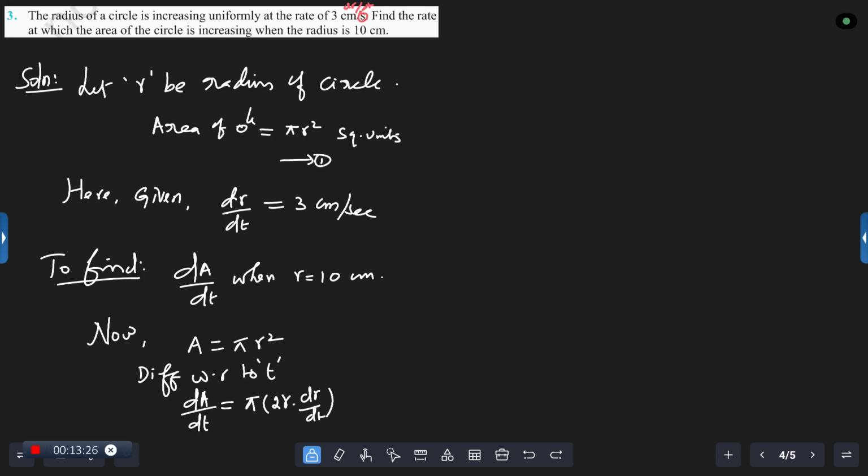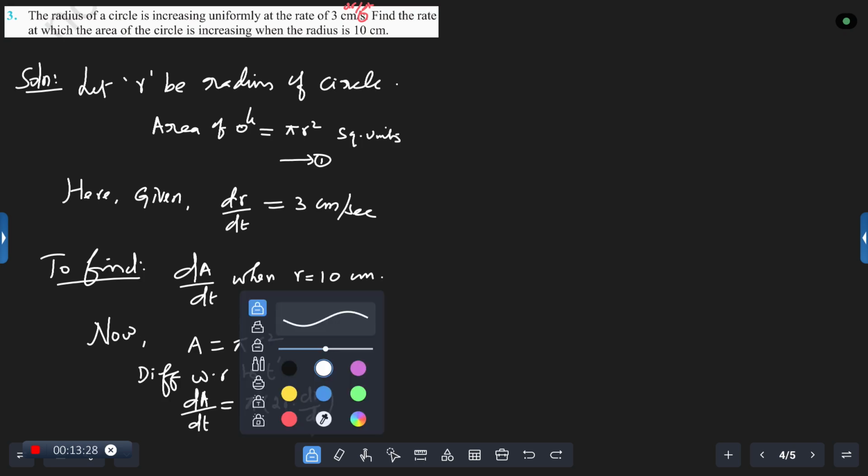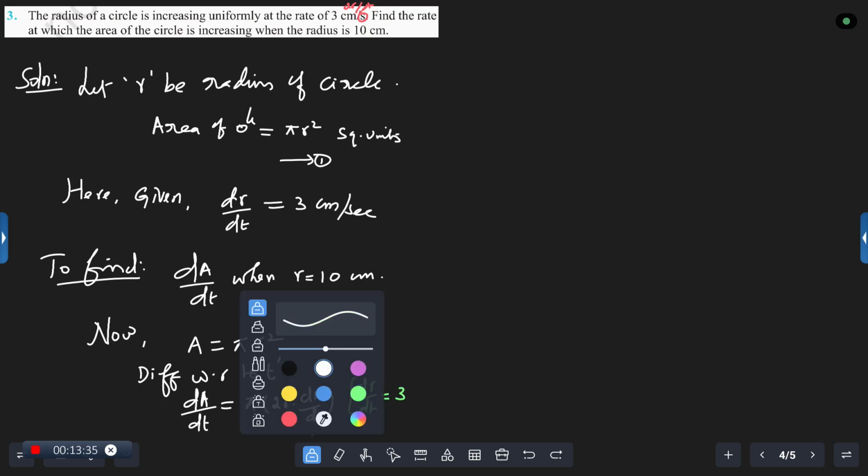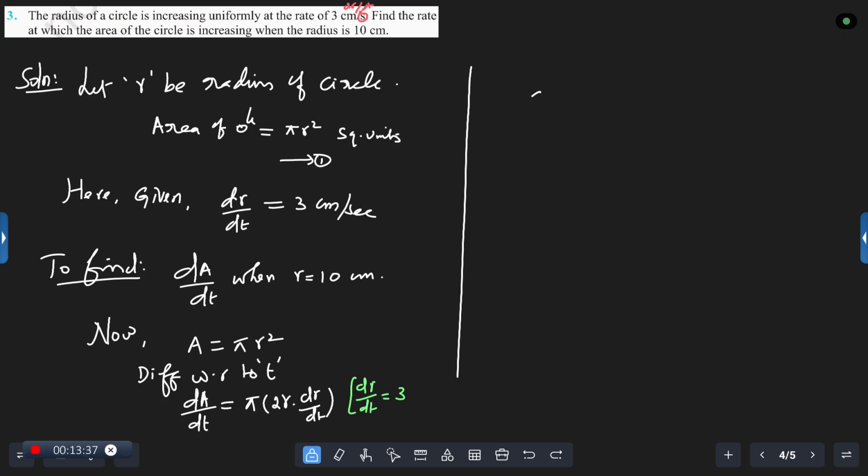They are given dr by dt equal to 3. Then what is the final answer? dA by dt equal to 2 pi r into 3, that is equal to 6 pi r.